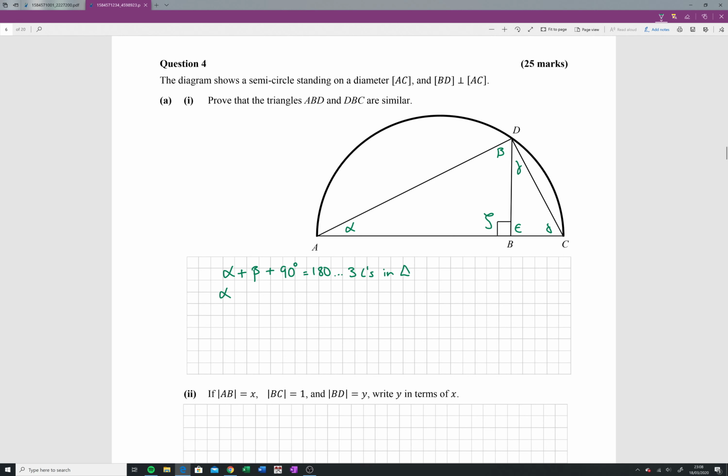Simple enough, and therefore it follows that alpha plus beta also has to be 90 by taking 90 away from both sides. Okay, the real trick to this one is knowing about beta plus gamma. Beta plus gamma, as it turns out, also have to be 90 degrees, but it is up to you to spot why that is.